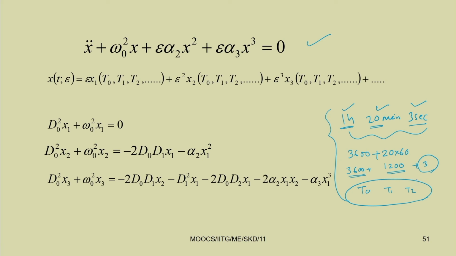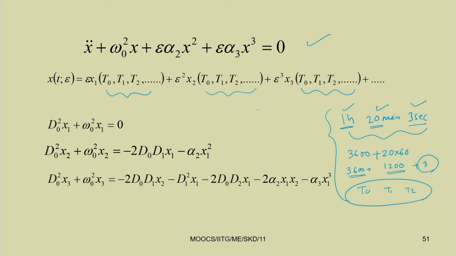We are not neglecting some time scales with respect to the others. Here x 1, x 2, x 3 can be written using different time scales like T 0, T 1, T 2. x 2 is also written in the same T 0, T 1, T 2 and x 3 is also written, and we substitute these in the governing equation.